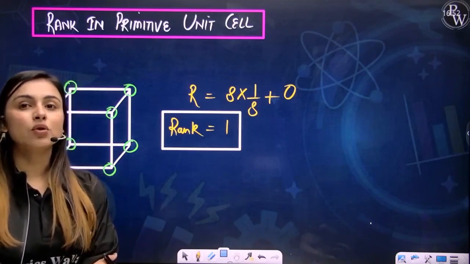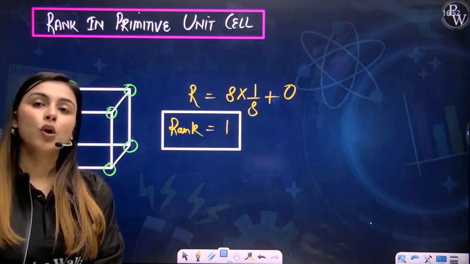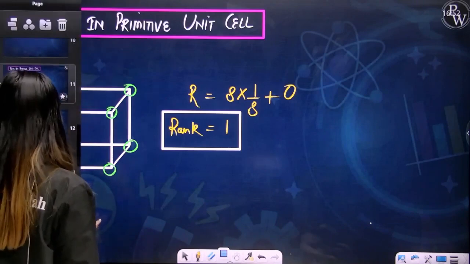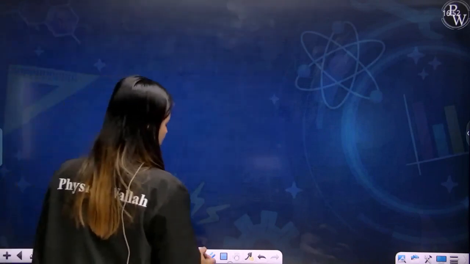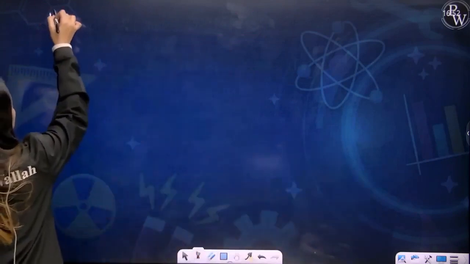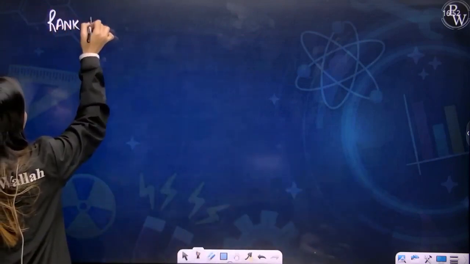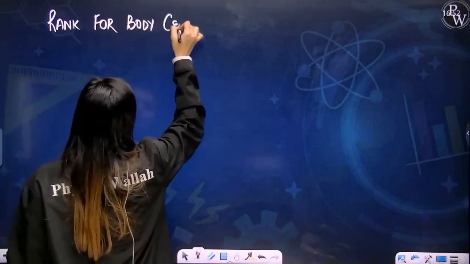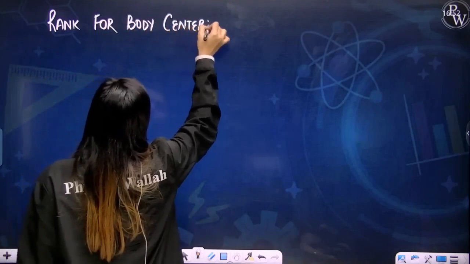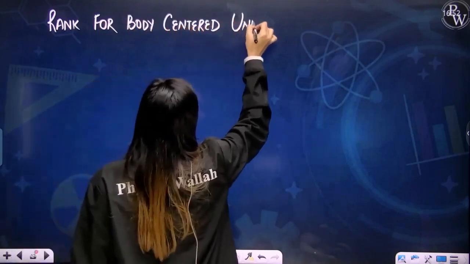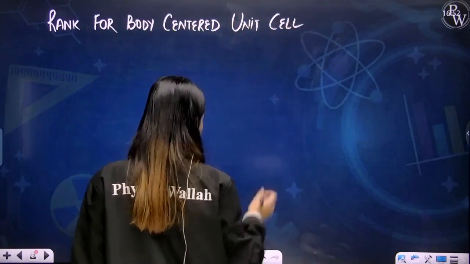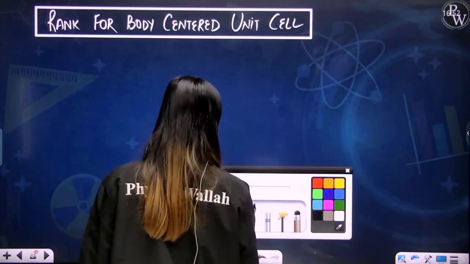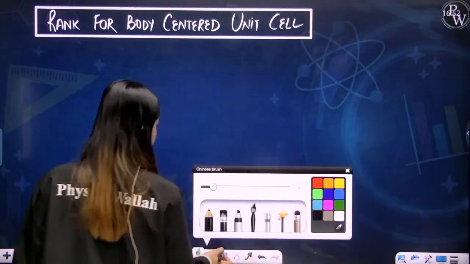Now you have to find out the rank for a body centered unit cell. So if you have to calculate the rank for a body centered unit cell, my dear students, you need to draw a body centered unit cell.